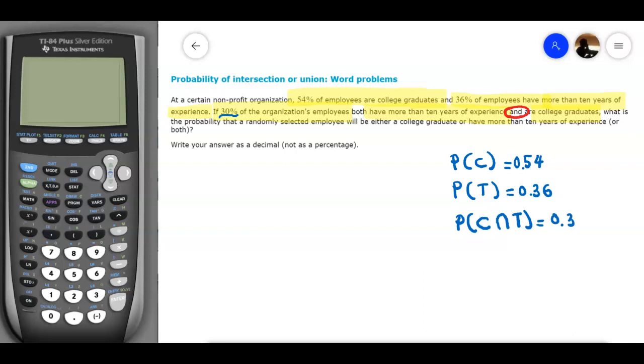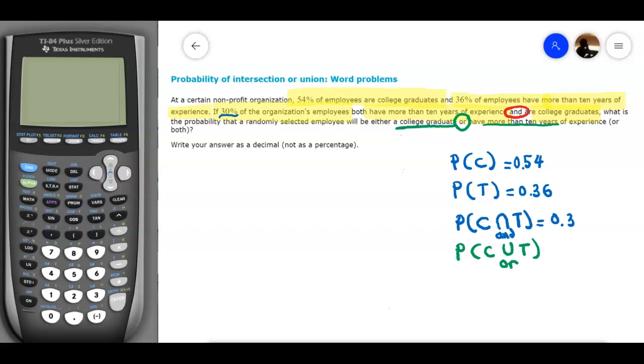And the question right now is asking: what is the probability that a randomly selected employee will be either a college graduate or have more than 10 years of experience? The way we express "or" in probability is as the probability of C union T. So the "or" is a union, and the "and" is an intersection.